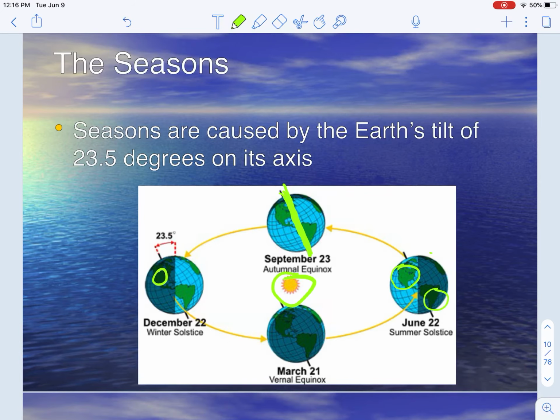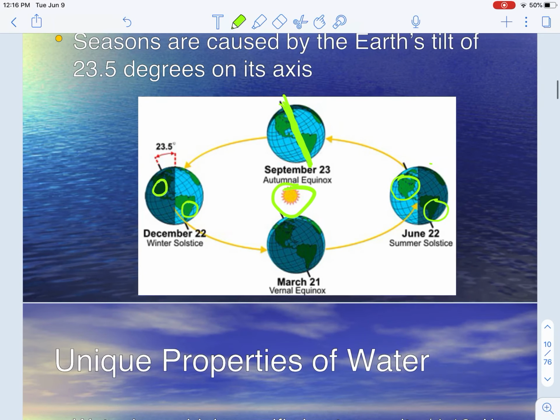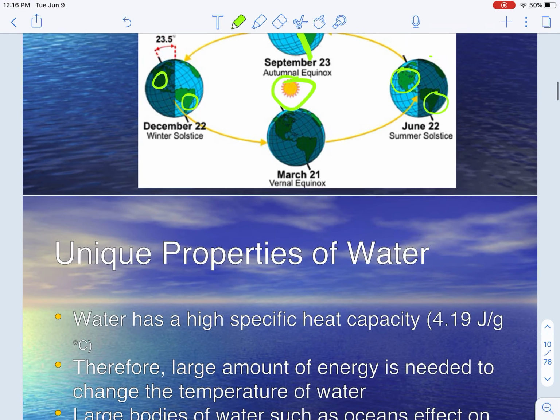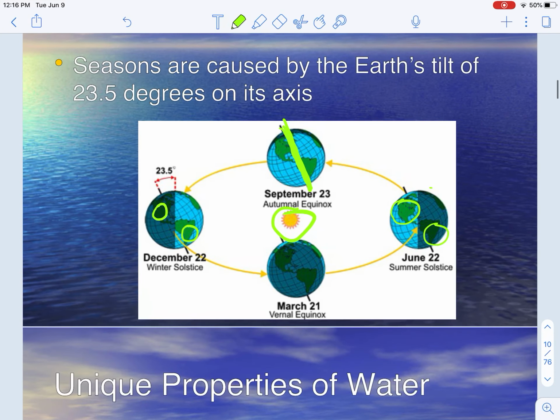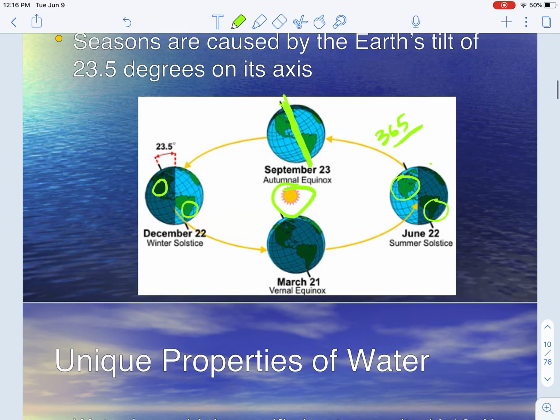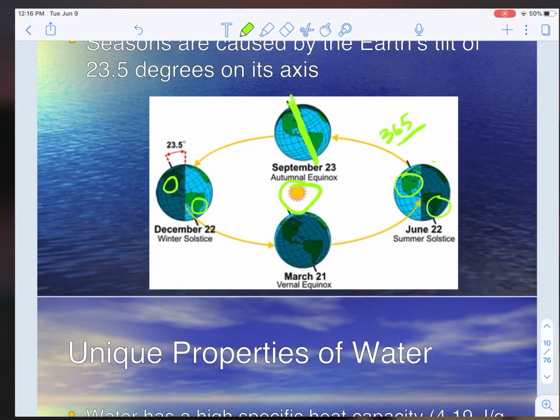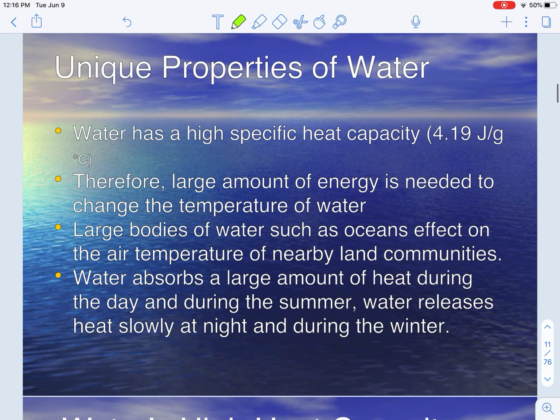And in the winter time for us, we are tilted away from the sun. Here's our sun. And so we experience the colder temperatures of winter, and the southern hemisphere is getting their summer. So it's because of the way we are tilted as we make our 365 day rotation around the sun. Sometimes we're tilted towards it in the north, and sometimes we're tilted away from it.